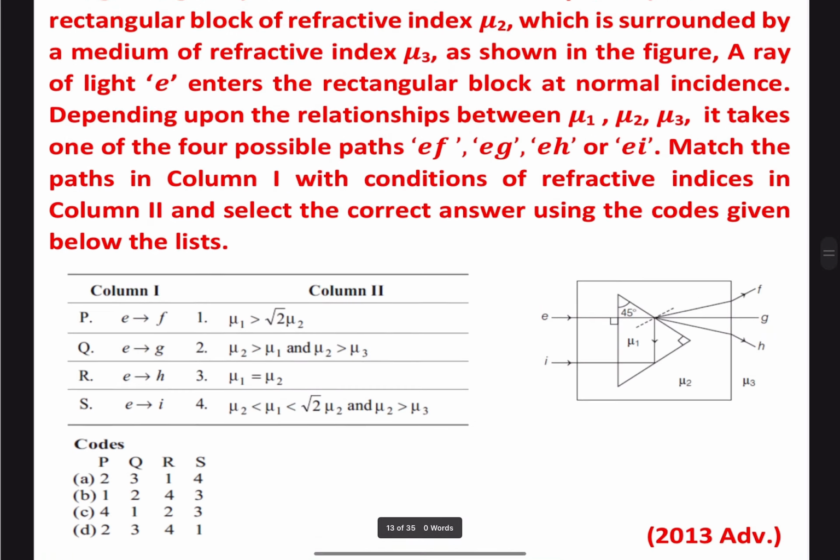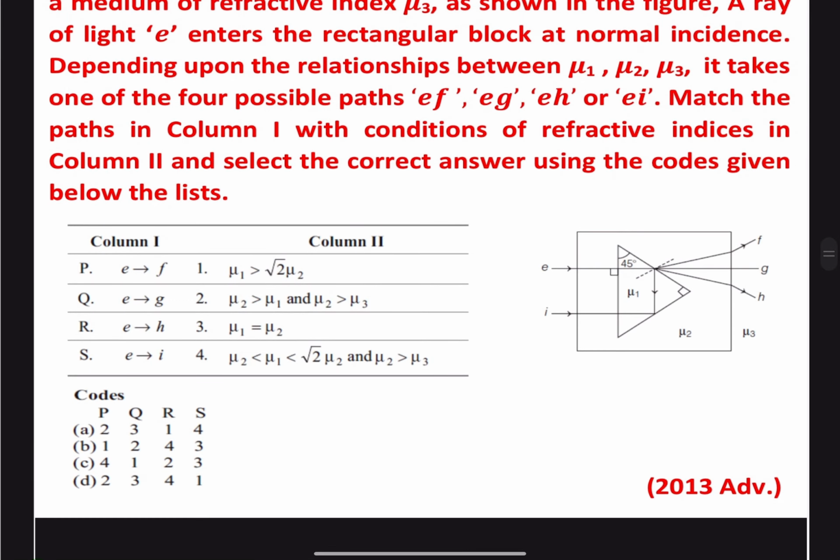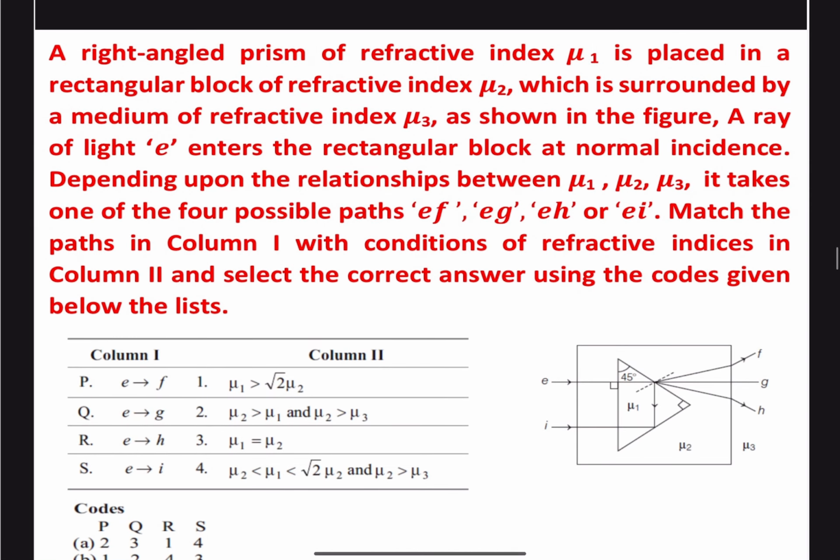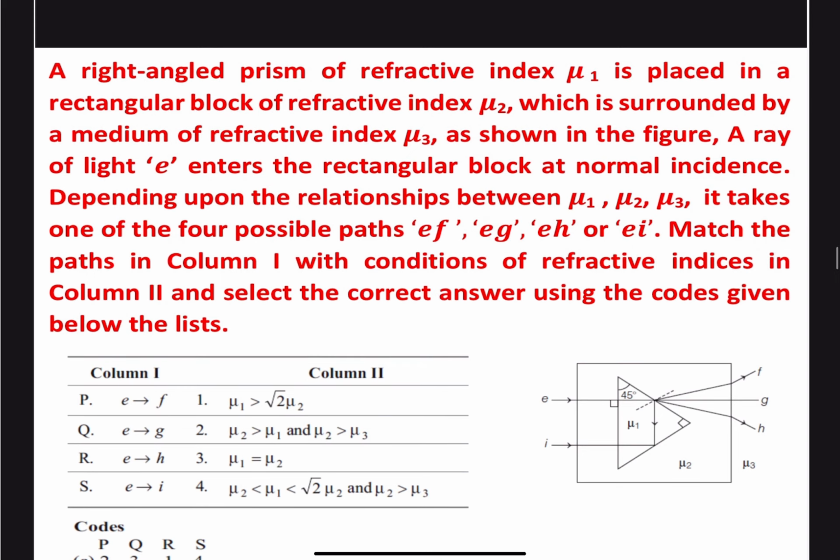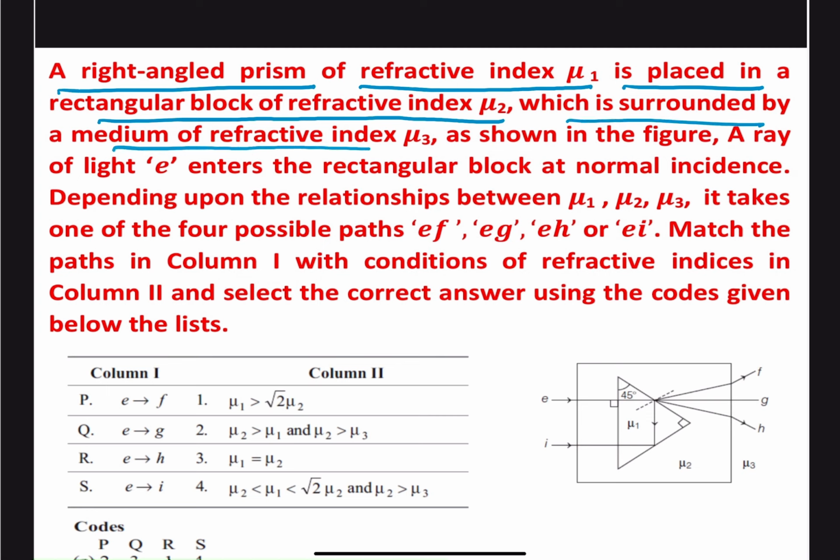So we come to the next question. This question was asked in the year 2013 Advanced, and it is a match column 1 with column 2 question. It states that a right angle prism of refractive index mu1 is placed in a rectangular block of refractive index mu2, which is surrounded by a medium of refractive index mu3 as shown in figure.